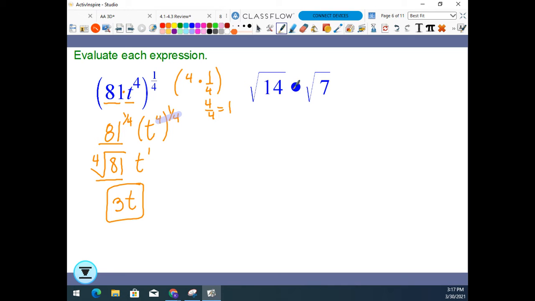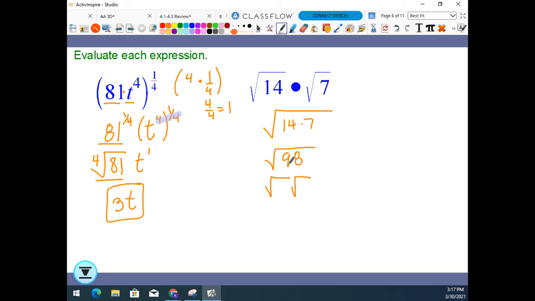Okay, here we're multiplying radicals. Now keep in mind, radicals and rational exponents all fall in the same category. Since we are multiplying radicals, I can multiply and put it under one radical. So 14 times 7 is 98. Now I can't take the square root of 98, but there is a perfect square that goes into 98, so we can break it down and simplify it more.